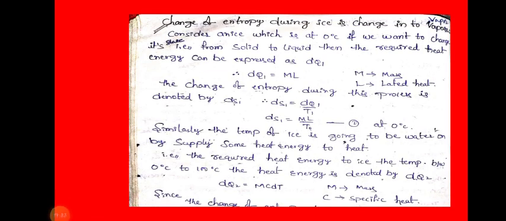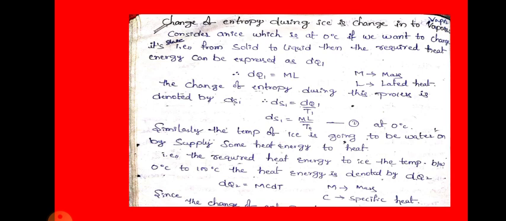So I will go into the next topic: the change of entropy when ice changes into vapor. Consider ice which is at 0 degree centigrade. If we want to change its state from solid to liquid, the required heat energy can be expressed as dQ1.